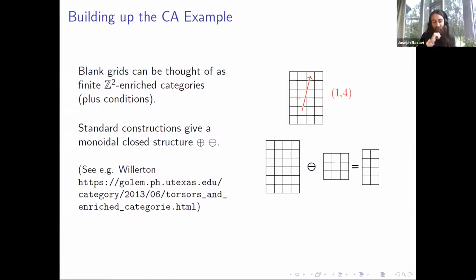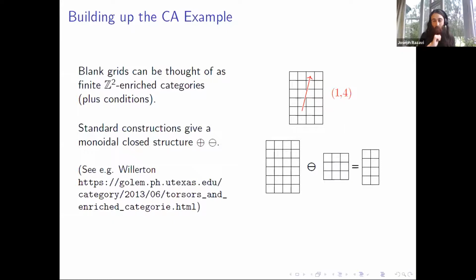And so these are a bit like torsors, because given any two of these cells, there's a Z squared valued displacement that's unique that gets us from one to the other. But they're kind of like partial torsors, because for all of these cells, not every displacement in Z squared is defined.